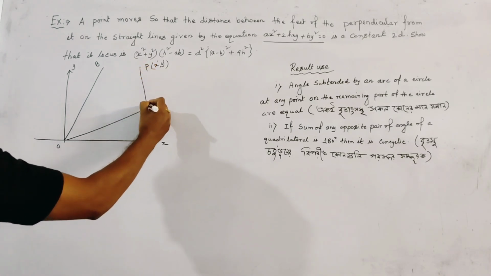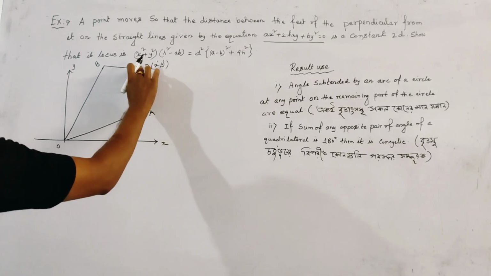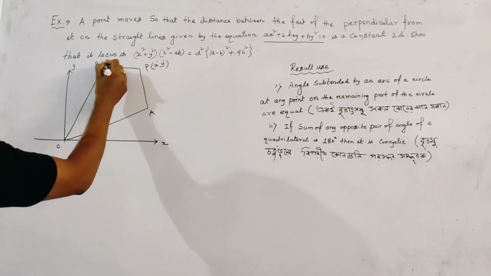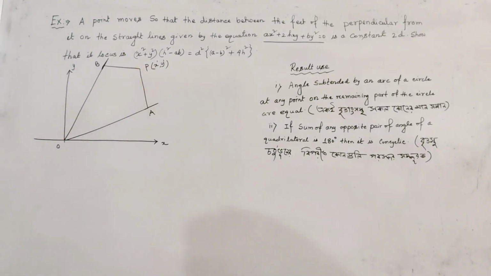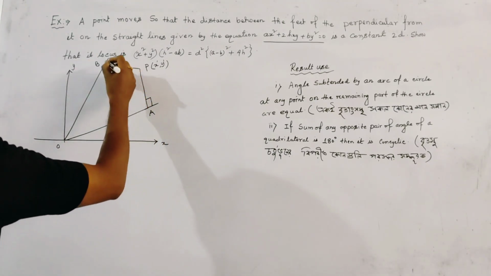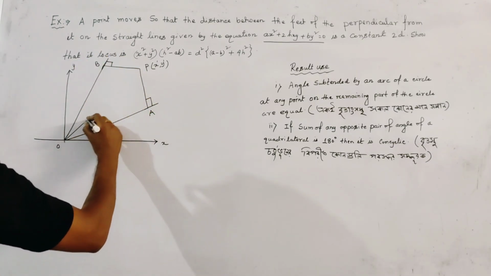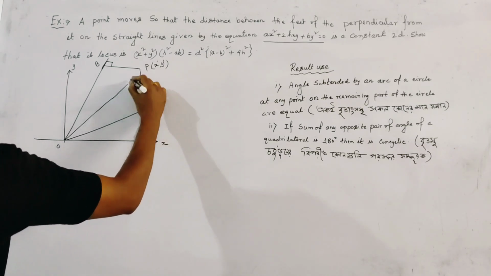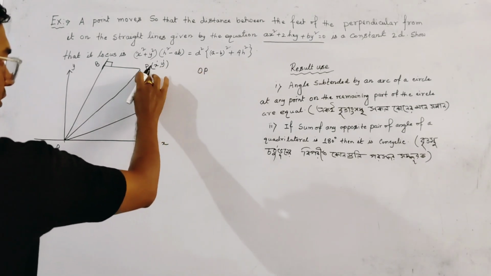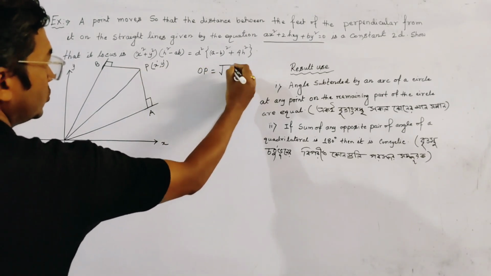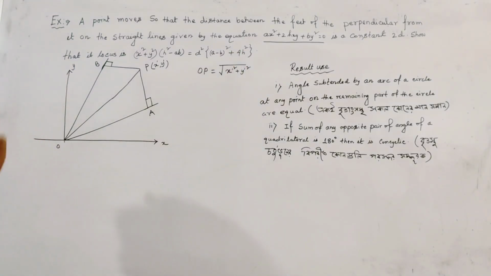Now we have to draw two perpendiculars from P to OA and P to OB. Let the two perpendiculars be PA and PB. These are perpendicular on the lines OA and OB, so this is pi by 2 and also this is pi by 2. We join OP. Clearly OP is equal to root under x dash square plus y dash square, because this is the distance of two points.